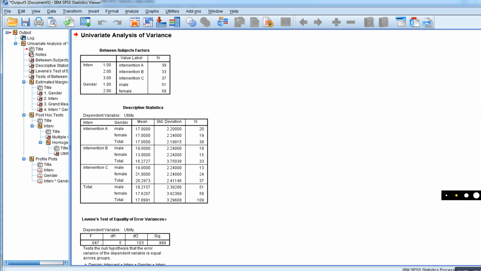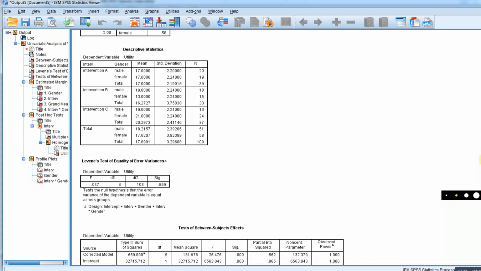So now in this particular output, you can see that we have a box of descriptive statistics. You can see that we have intervention A, B, and C, and gender for each of the groups as well. So you can see that males who received intervention A, their mean utility score was 17.